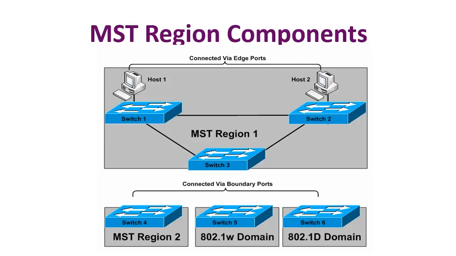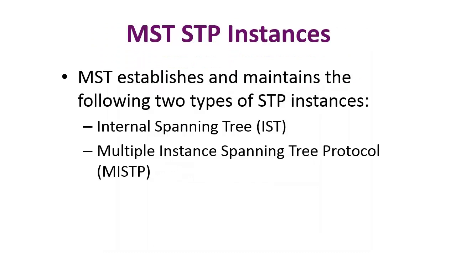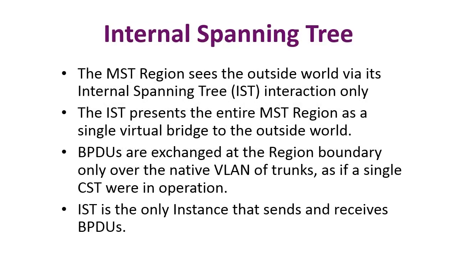Multiple spanning tree establishes and maintains two types of STP instances: internal spanning tree and multiple instance spanning tree protocol. Regarding internal spanning tree, the MST region sees the outside world via its IST interaction only.